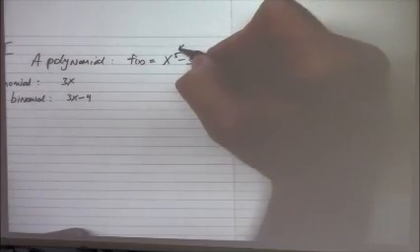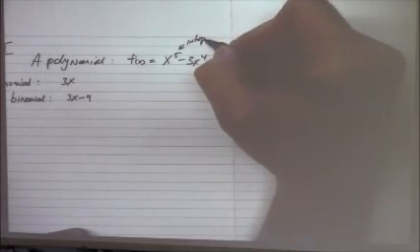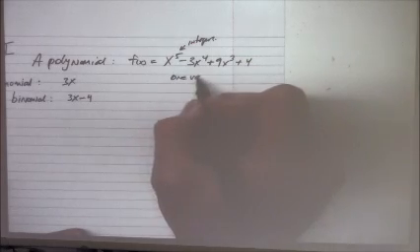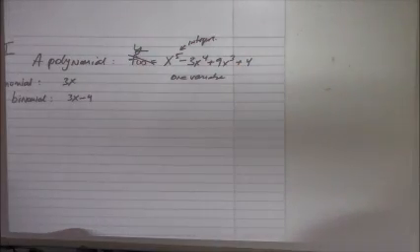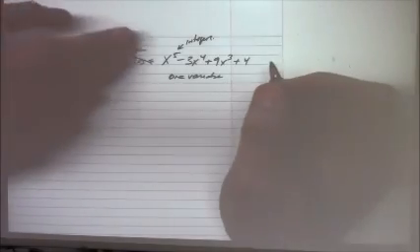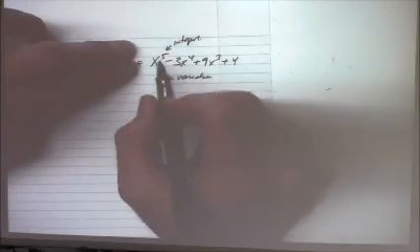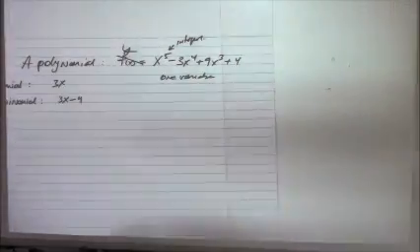Notice the exponents are integers. Notice there's one variable. Now, this could be considered y, but y is not really a variable here because f of x, y are the result of putting a number in for x. When you put a number in for x, you get a result out.